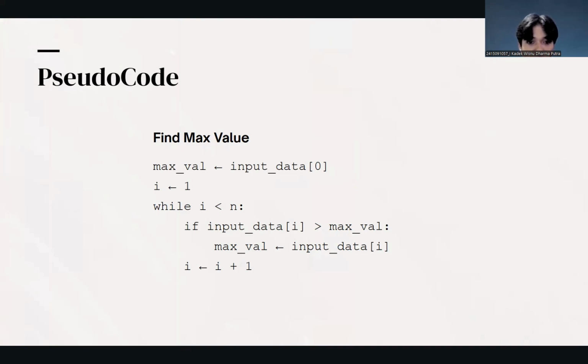We use a while loop with the condition: if variable e is lower than the array length. And if input data at index e is more than maxval, the maxval variable will be changed to input data at index e, and the variable e will be added with 1. Next.